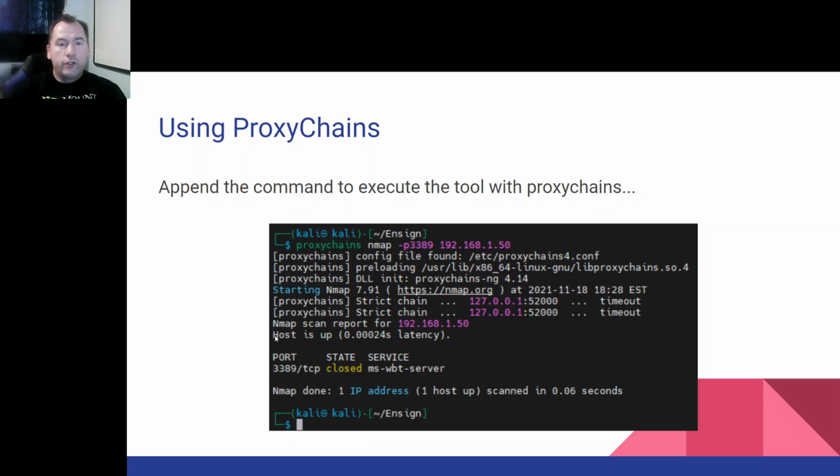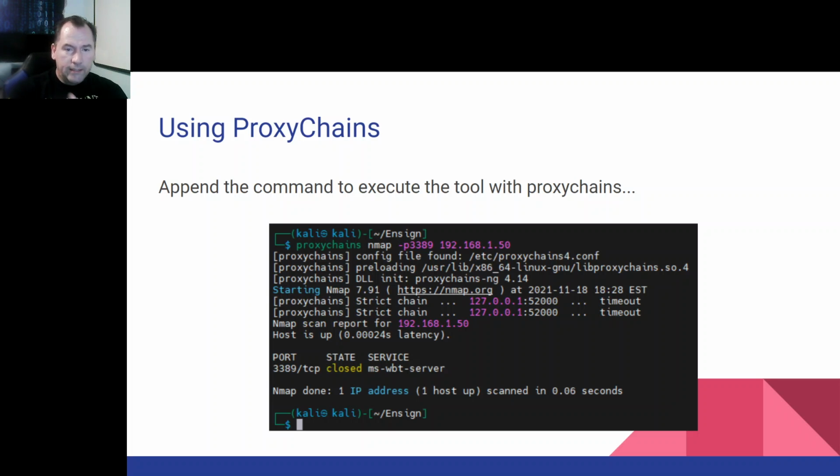And then for you to utilize proxy chains, you just put proxychains in the beginning, then the command you would like to execute, whether it's nmap, rdesktop, Firefox, whatever, and then put the rest of the command.